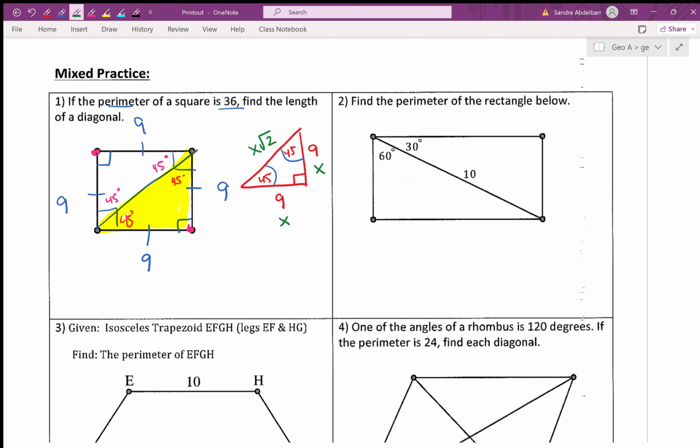You choose a side that has a side length and a variable expression. Well, I have two sides that have a side length and a variable expression. Is that okay? Yeah, absolutely. You just choose one of them. x equals 9. If x is equal to 9, what is the hypotenuse? 9 root 2. Isn't the hypotenuse the diagonal? So the diagonal equals 9 root 2.